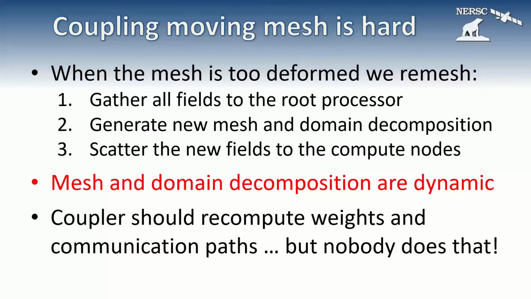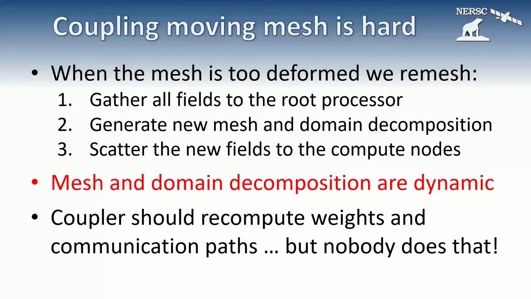Now, what we do, admittedly to make our life a bit easier, is gather all the fields to the root processor, and at the root we generate a new mesh and a new domain decomposition, and then this is scattered afterwards to the compute nodes.